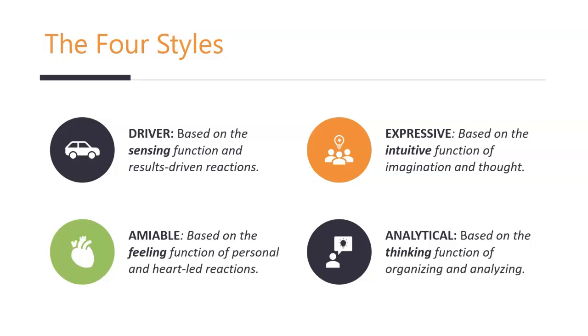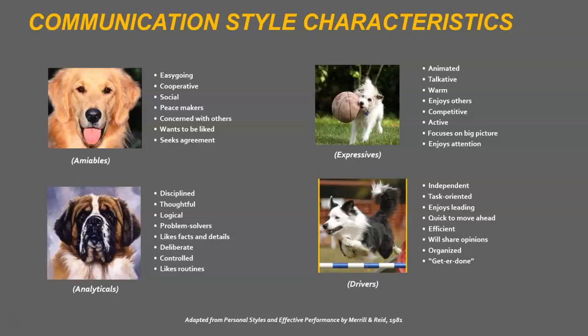Analytical, very organized, detail-oriented, analyzing. And then amiable is more of maybe a naturally heartfelt person, in tune with their feelings, cares about how other people are feeling. And so the best way, I think, to really understand each of these is to look at their characteristics.